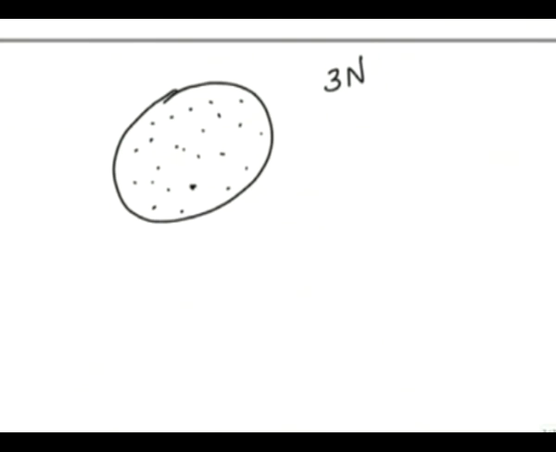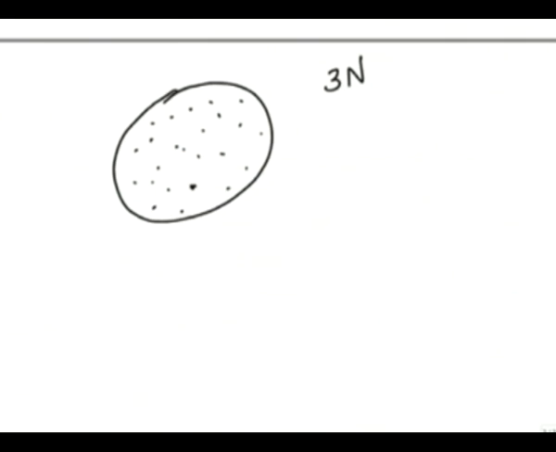However, these coordinates are not independent, they are related. Why? Because in a rigid body, the distance between two particles is fixed. One particle is connected to the other n minus 1 particles, so we write n minus 1 equations relating the coordinates and distance. Similarly, for the second particle we can write n minus 2 equations, since the equation relating it to the first particle has already been written.